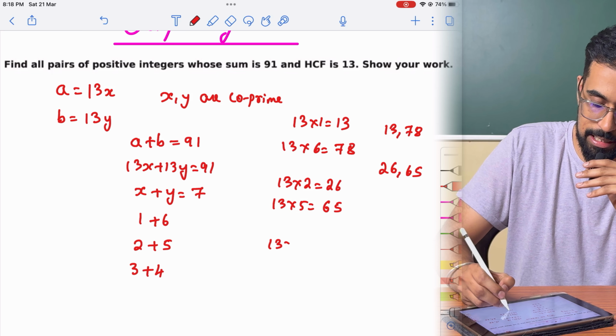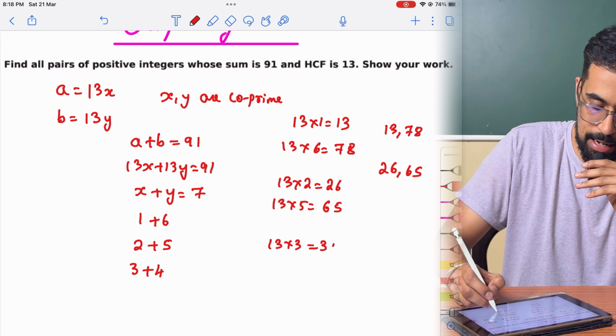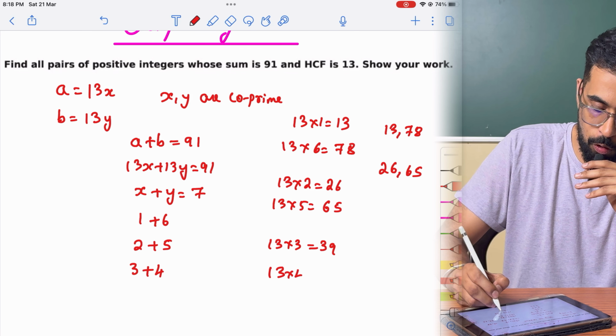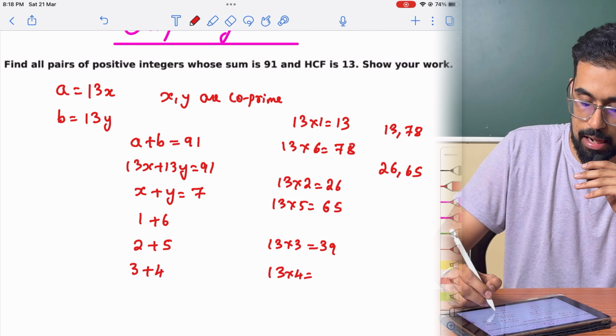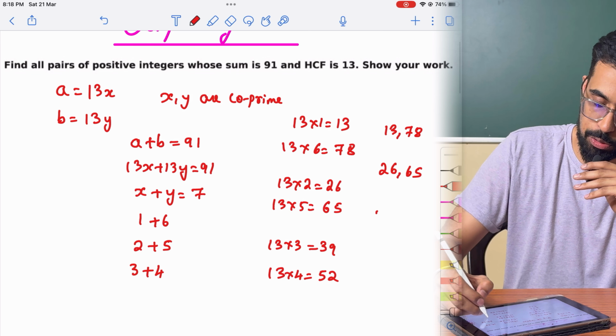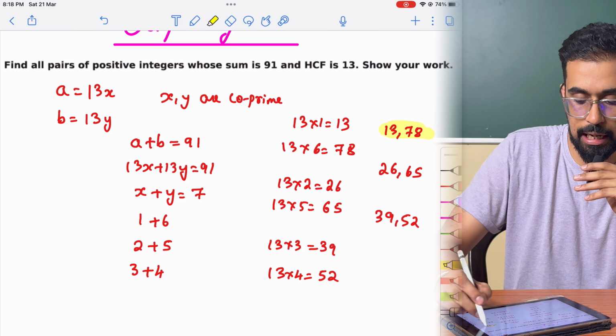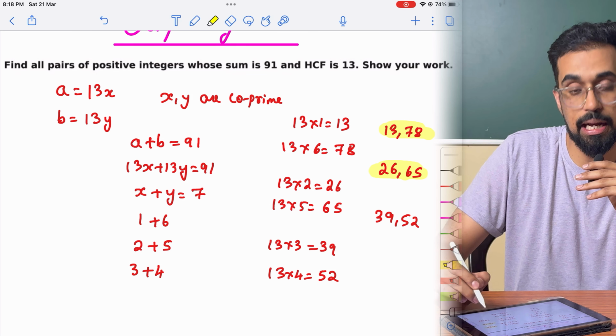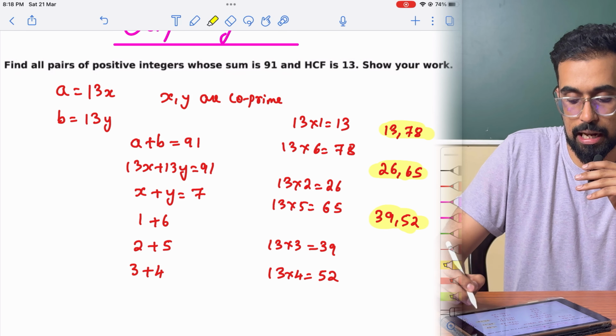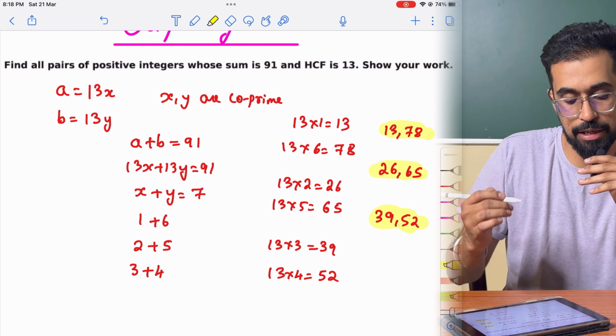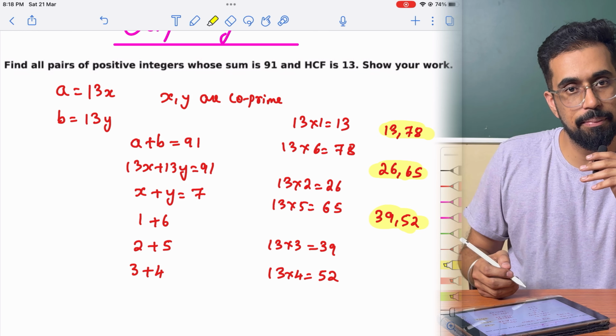For the last set, 13 into 3, which is 39, and 13 into 4, which is 52. So 39, 52 is your third set of numbers. 13, 78; 26, 65; and 39, 52 are your three pairs of numbers possible here.